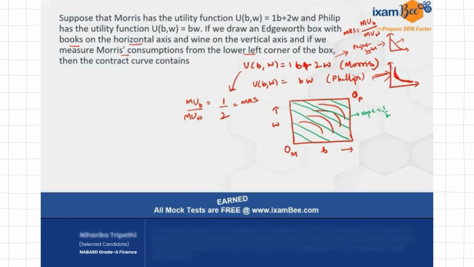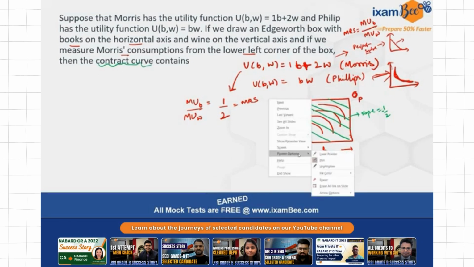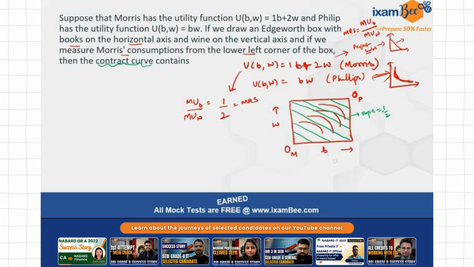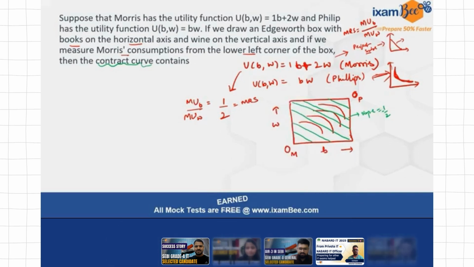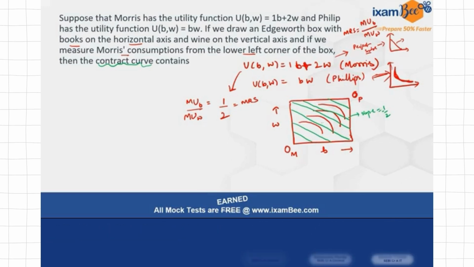Now, what does the contract curve tell you? We want to know how the contract curve would look like. So, the contract curve basically is the locus of all the points which are Pareto efficient allocations. What do you mean by Pareto optimal allocations?